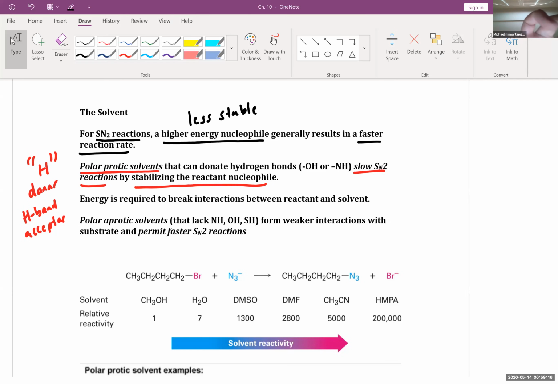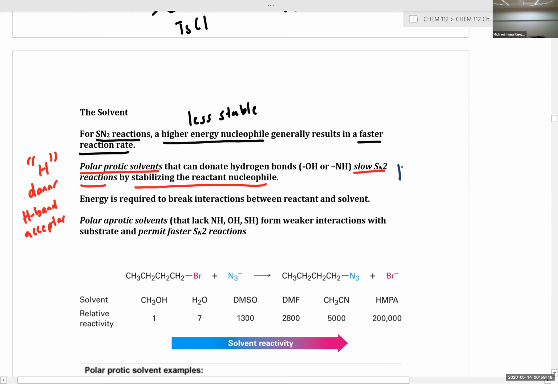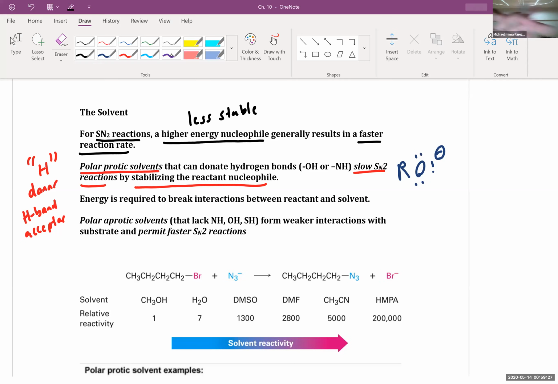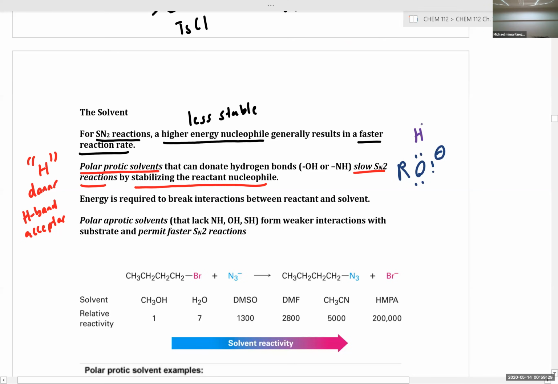How does this work, you may ask? Let's suppose we're dealing with an alkoxide. Well, our solvent could just as easily surround the alkoxide.